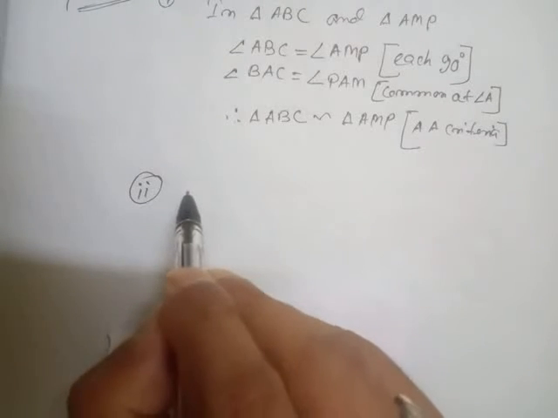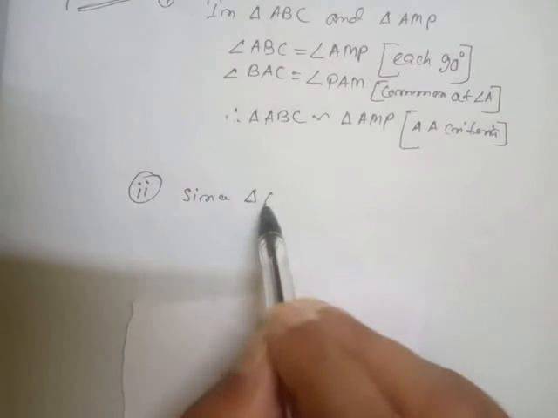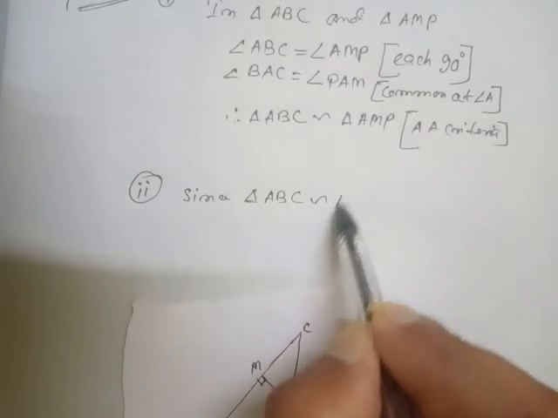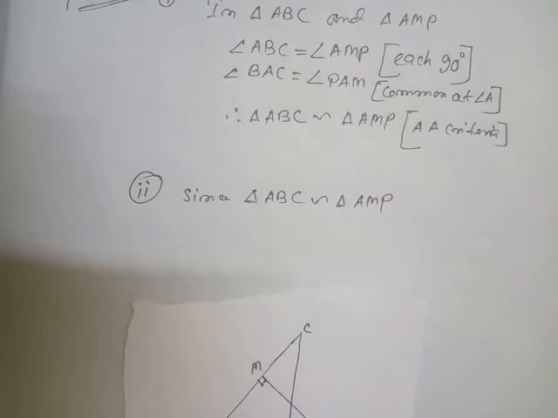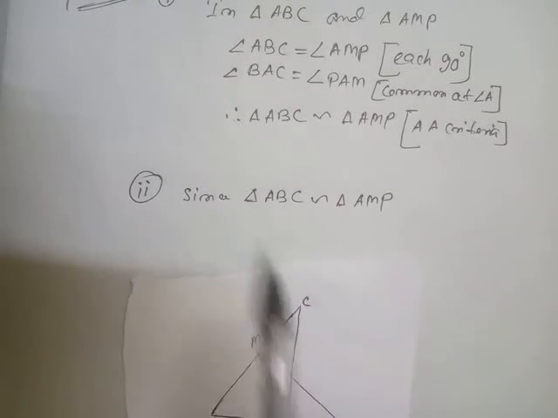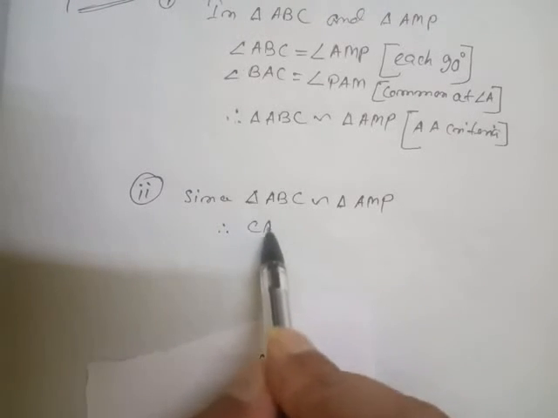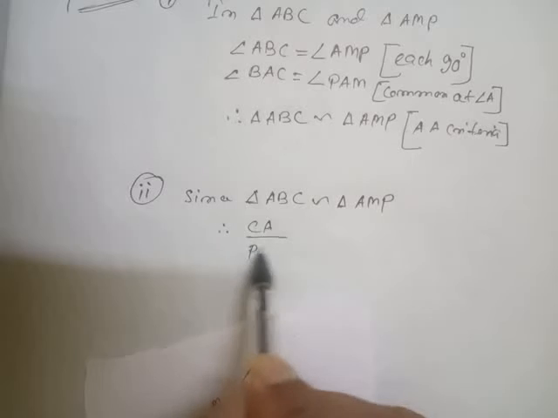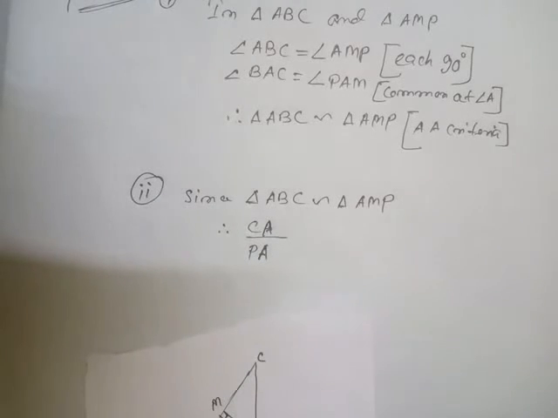We'll write here now: since triangle ABC is similar to triangle AMP, therefore, in the last line, CA by PA we can directly write here, because there is no need to go for further proof.